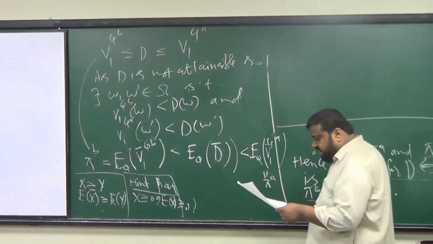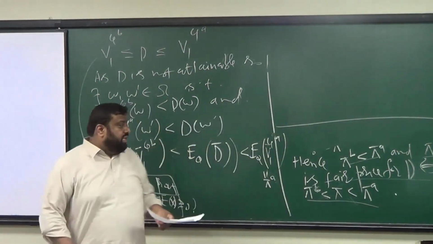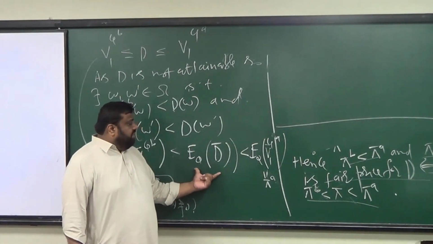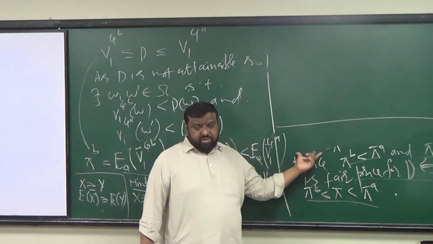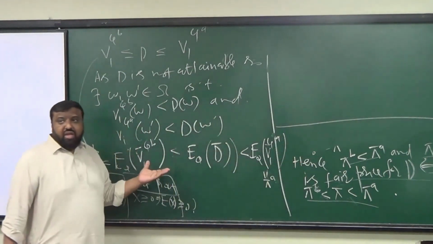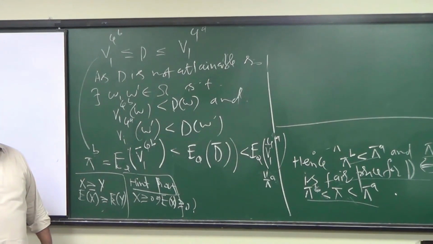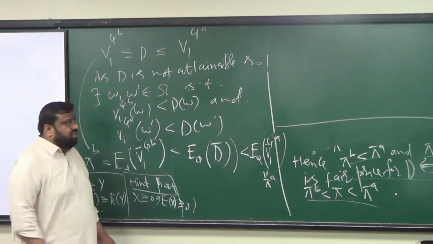The last part of the proof you can do for yourself. I'm not doing it. It basically shows that if anything goes beyond this, in other words, if the price is above the ask price or below the bid price, you're going to have an arbitrage opportunity. It just creates a portfolio and shows that this is going to happen.